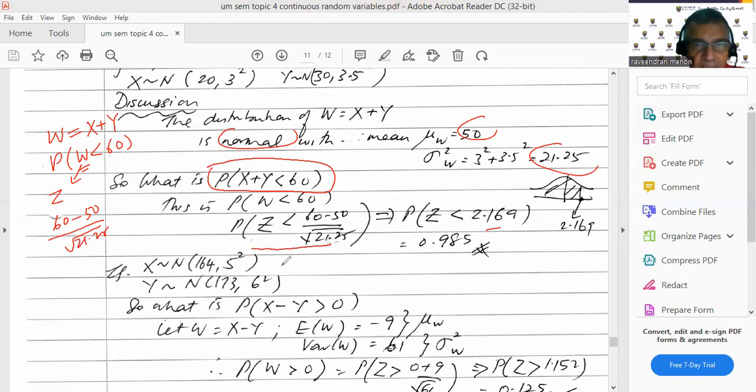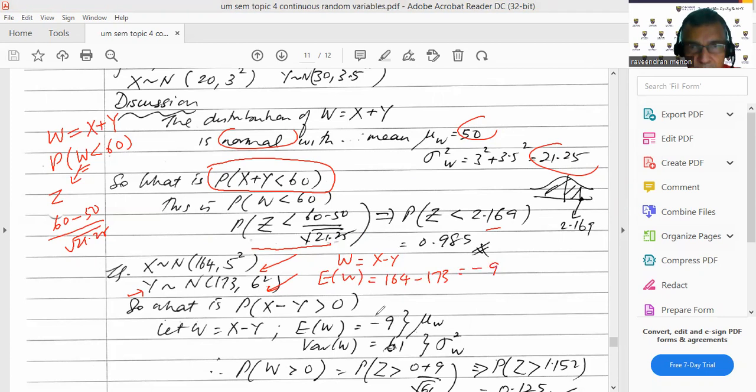Again, another random variable X, normal, mean 164 and variance 5 squared. And Y is normal with mean 173 and variance 6 squared. You're asked to find the probability that X minus Y is bigger than 0. So if you let W equal X minus Y, then the expected value of W will be the expected value of X minus the expected value of Y, which is minus 9.